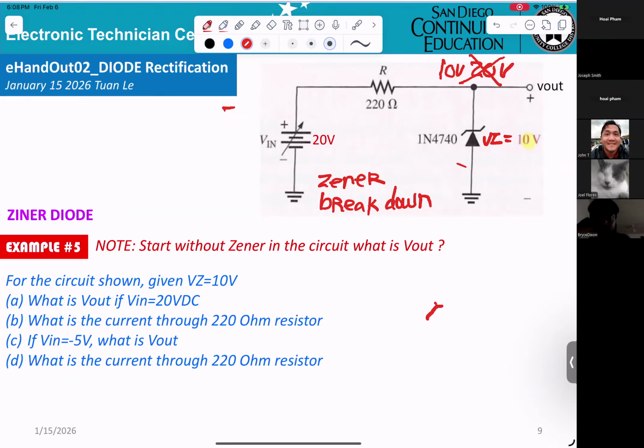The answer will be Zener breakdown. Then V out is 10 volt.